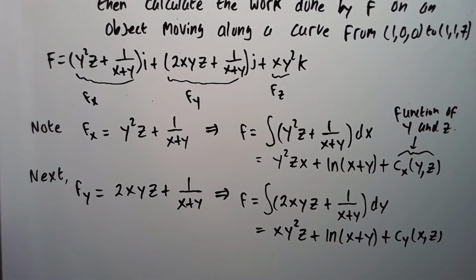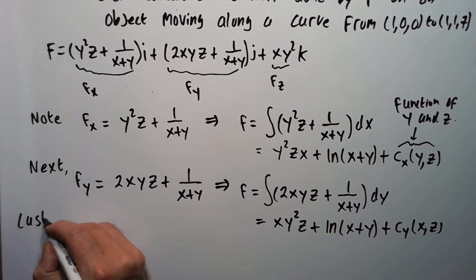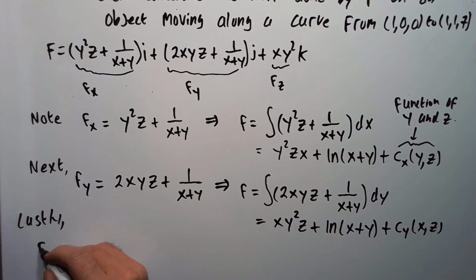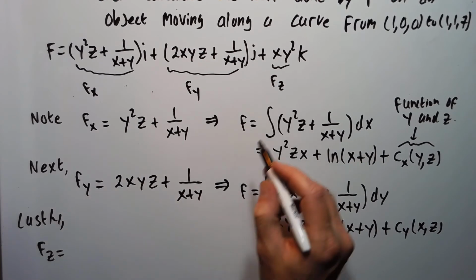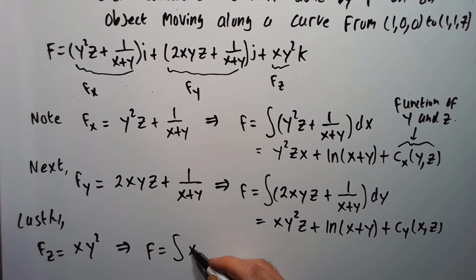Okay, and lastly here, we'll have our f_z equals x y squared. So integrating both sides with respect to z now, we'll have our f will be the integral of x y squared with respect to z.